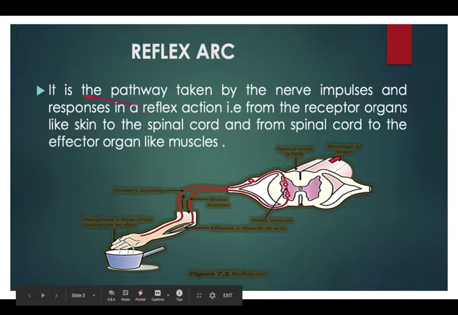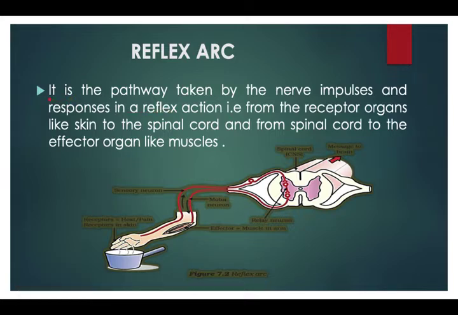We can define the reflex arc as the pathway taken by the nerve impulses and responses in a reflex action. That means from the receptor organs like skin to the spinal cord, and from the spinal cord to the effector organ like our muscles. Here in this diagram you can see how the reflex arc is formed for a reflex action.